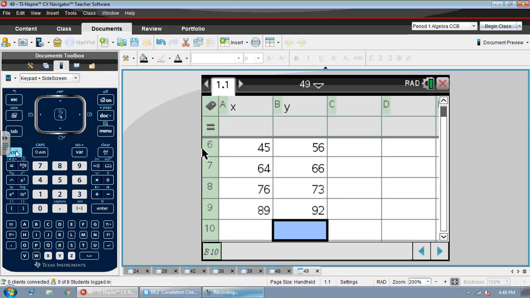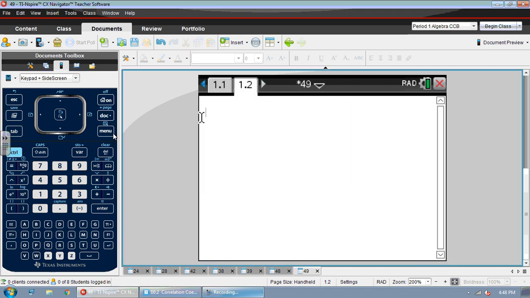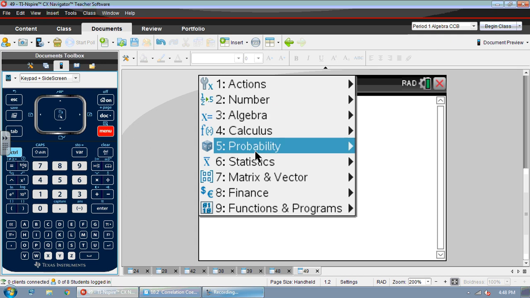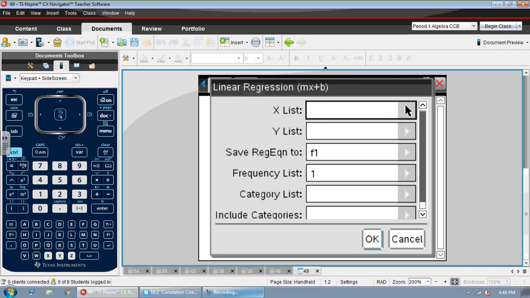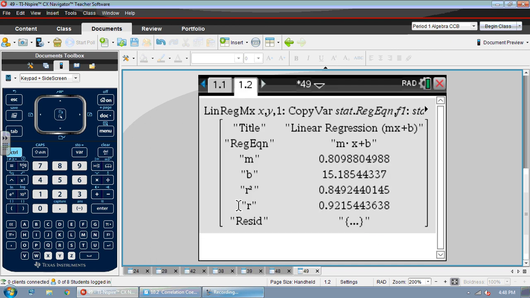Do we need the equation? No, we don't need the equation. Yay. Straight for that correlation coefficient in the calculator page. Stat calculations, mx plus b, x, y. There's my r value.